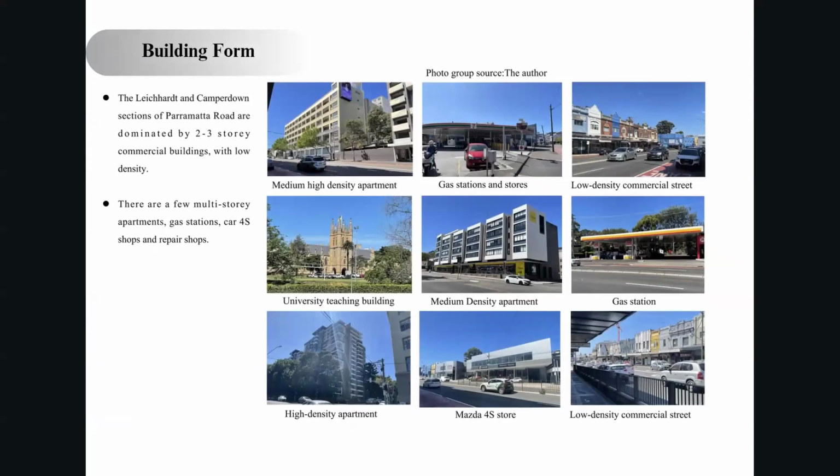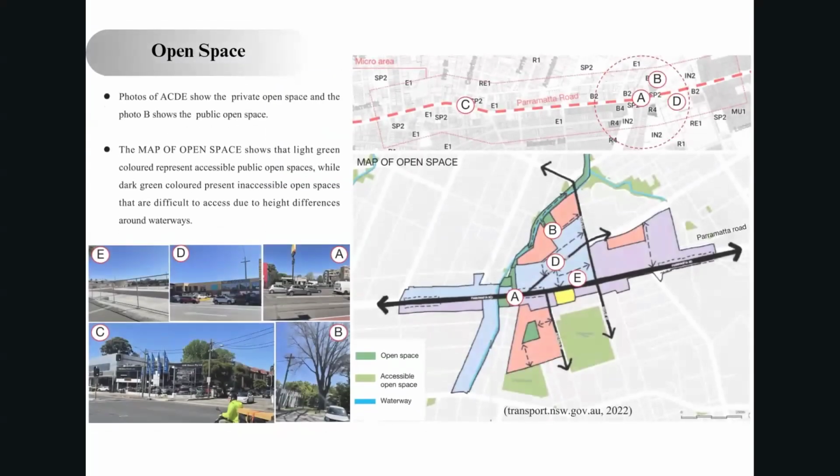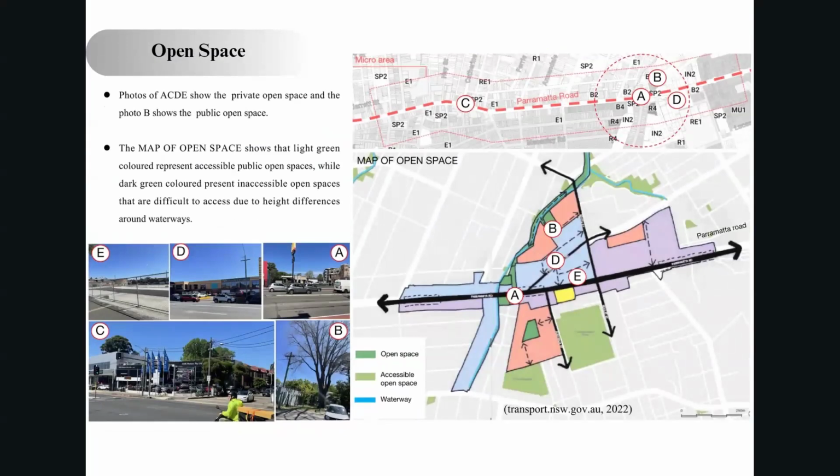This area is mostly low-density buildings with a small number of high-rise buildings, most of which are centered around the automotive industry. There isn't a lot of open space in the whole area, and it is not very people-friendly.